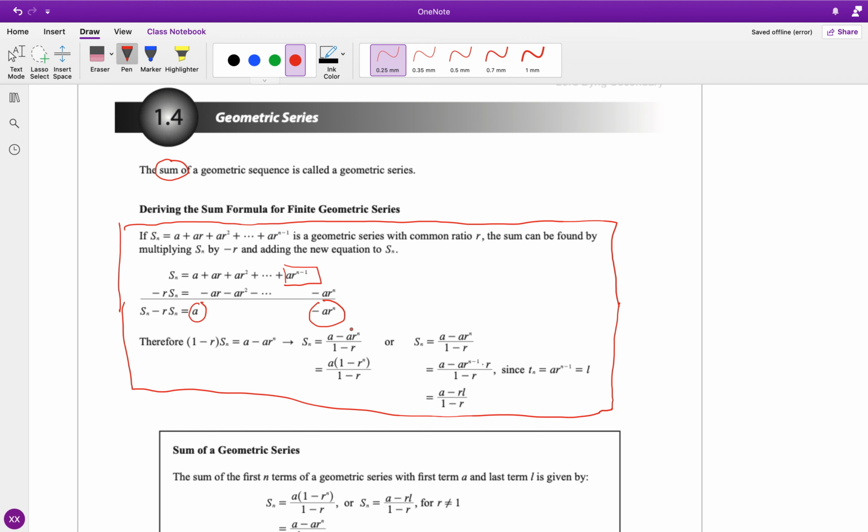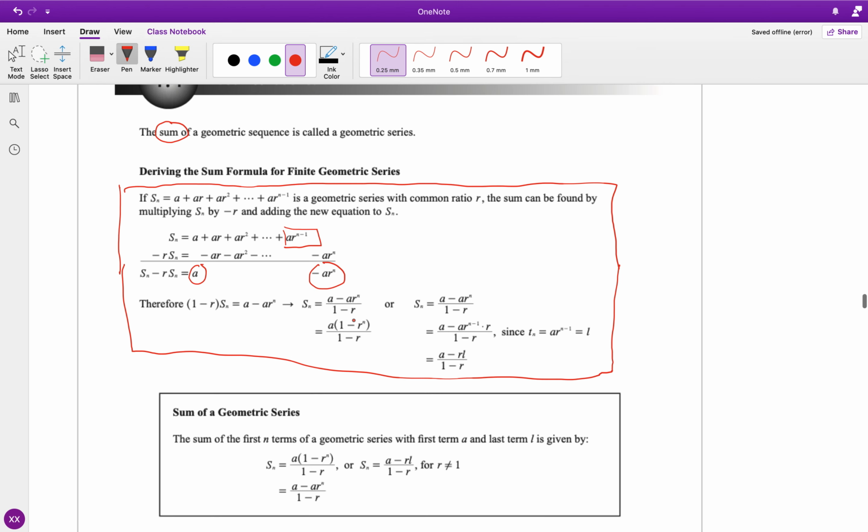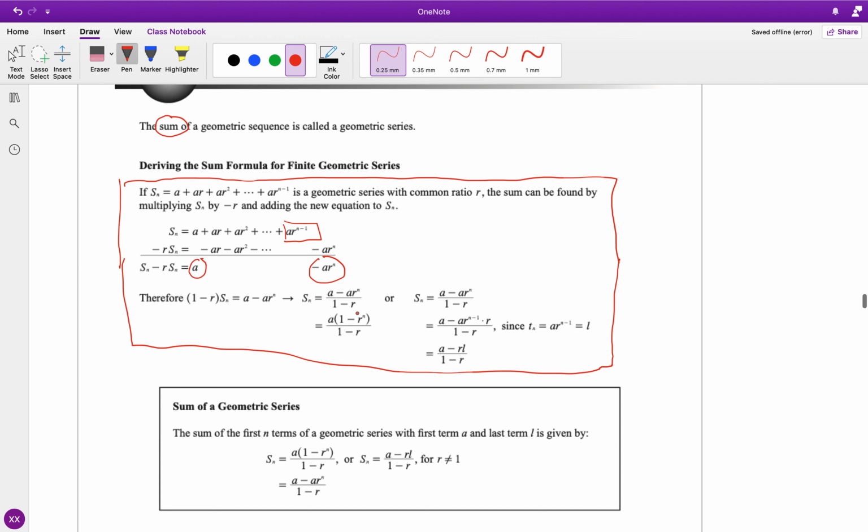Now, this kind of thing is called algebraic manipulation. And it's very important for proving, or even for coming up with formulas. In proving, they already came up with this formula. Now we're only trying to understand why the formula works this way. But whoever the first mathematician was to derive the formula, this is a manipulation they needed to do.